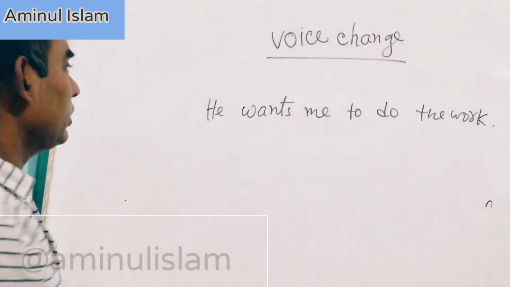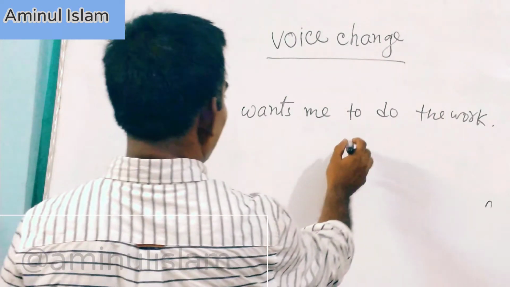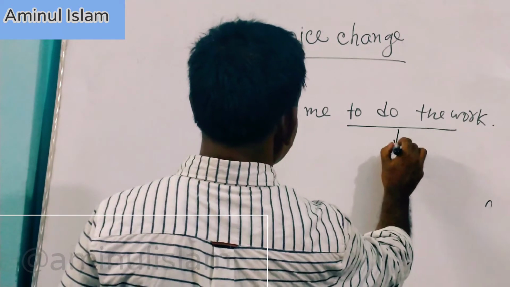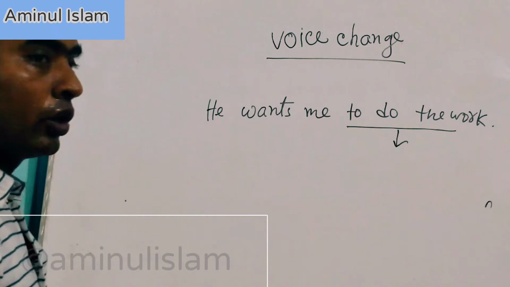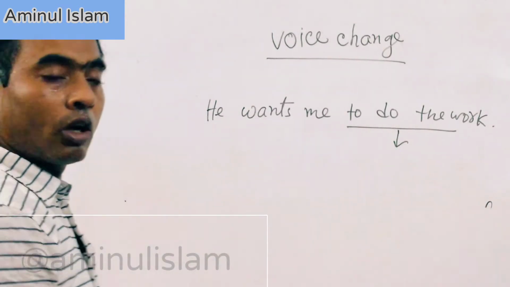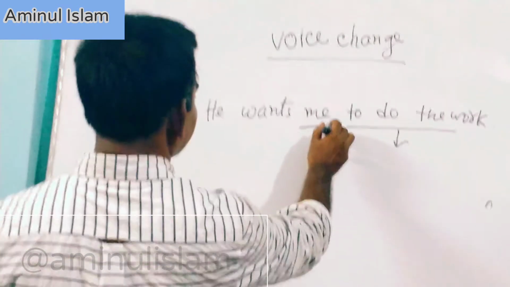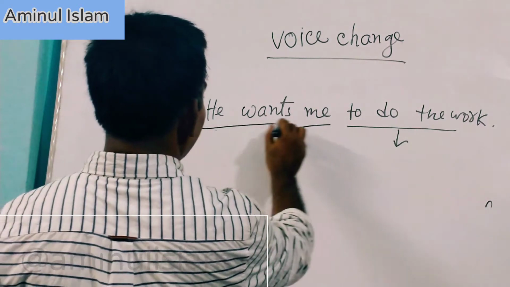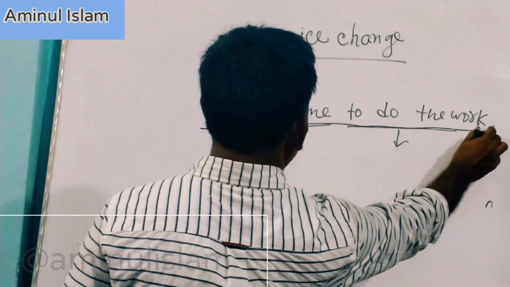Follow the structure: he wants to do the work, infinitive. In this case, which one is the object? Me. He wants me to do the work.